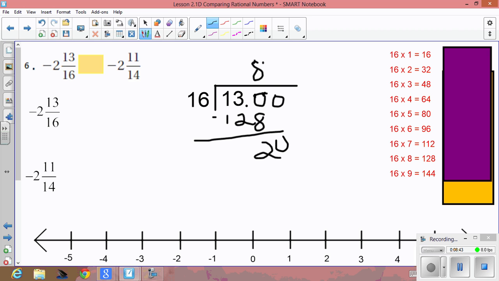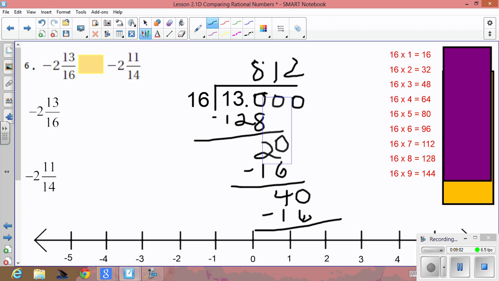Add a 0 and bring down. 16 into 20 is 1. Subtract, we get 4. Add a 0, bring down. 16 into 40, if we take a look at our list, is 2. 8 times 2 is 16. We're going to subtract. We get 24.